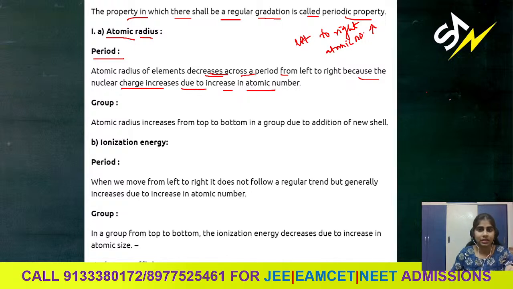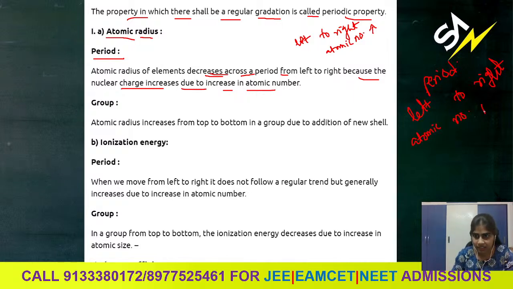See, if it is in a period, from left to right, what happens? Atomic number increases obviously. And what happens to the nuclear charge?